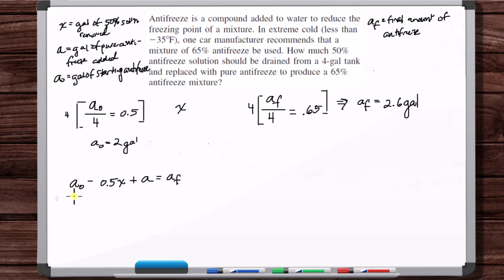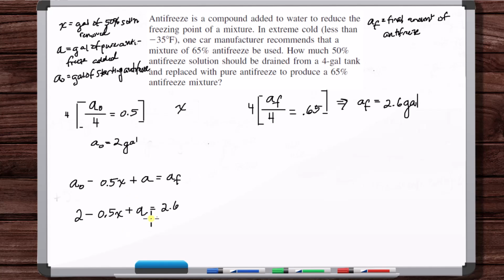Okay, we know A naught, so let's do this. 2 minus 0.5x plus A is equal to 2.6. So what is A? Gallons of pure antifreeze added.